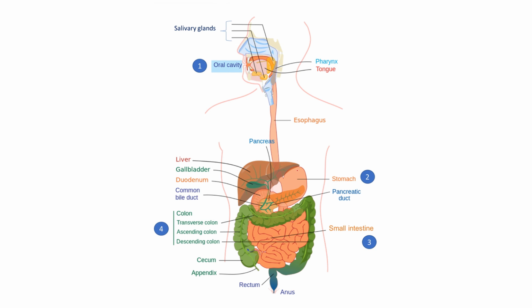So in our next lecture or our next video, I will be breaking down how the GIT works and how this can be linked to our dosage forms and the things you have to understand, from the pH variations to the transit time, and how these factors will affect the behavior of your drug.